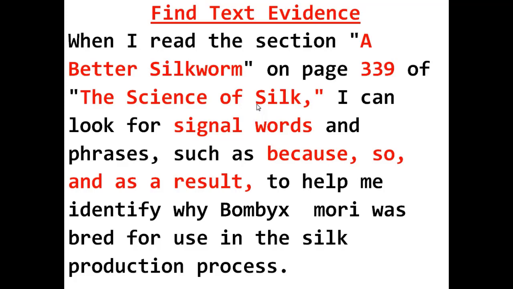Signal words are used in expository text. What are signal words? Such as because, so, and as a result. They help me identify why Bombyx mori was bred for use in the silk production process.